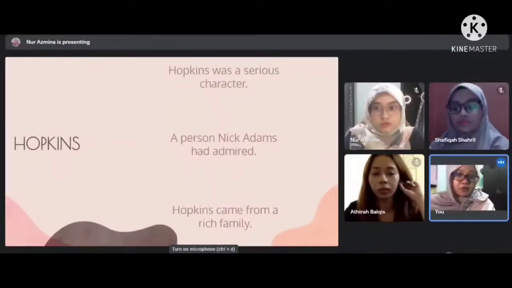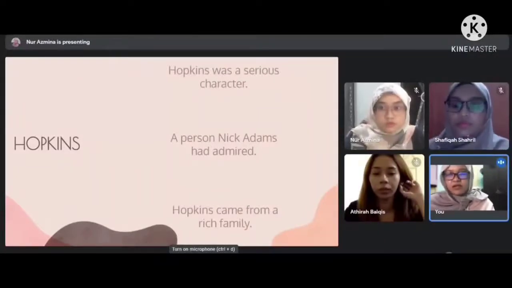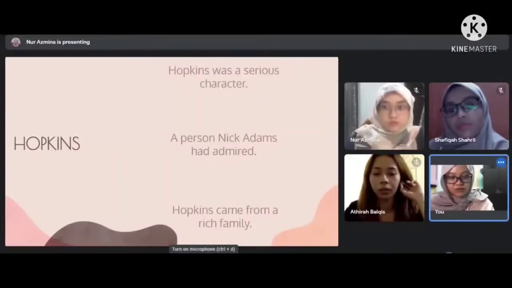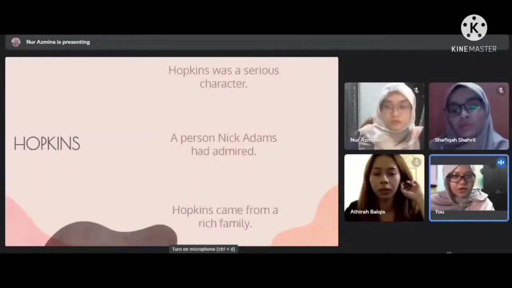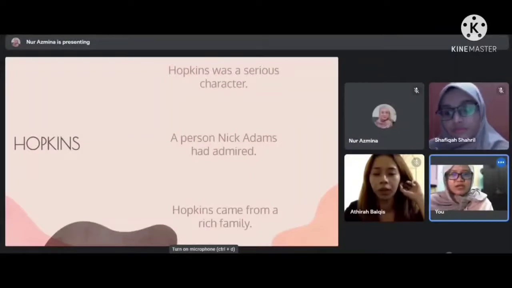It's stated in the book that Hopkins was a serious character. Other than that, Hopkins was presumably one of the soldiers that was in the same squad with Nick Adams, alongside Bill, who was mentioned only once in the short story.